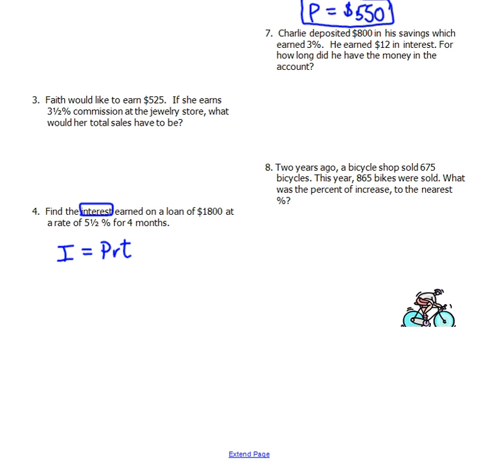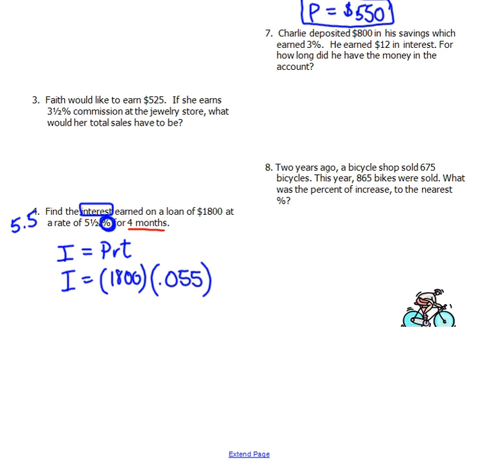The loan is $1,800, so that's my principal. The rate is 5.5%, so you're still not going to put that in as 5.5. That's not what I mean by putting it in as a decimal. I mean you're changing the percent to a decimal. So this is 0.055, and it's 4 months.